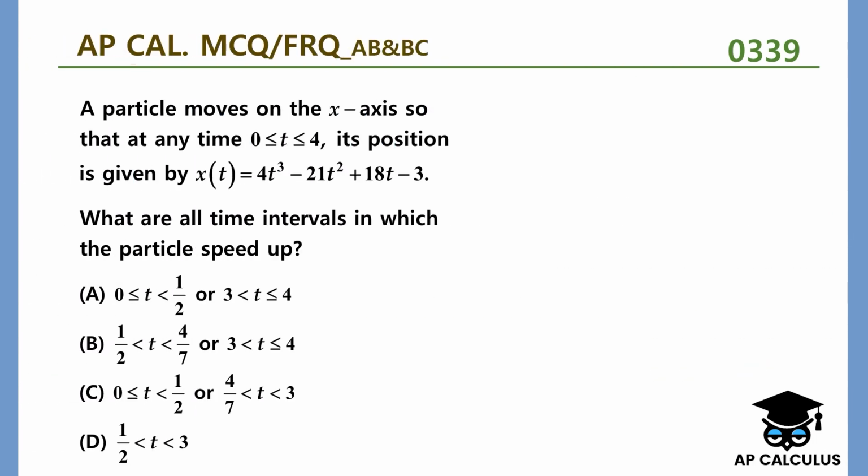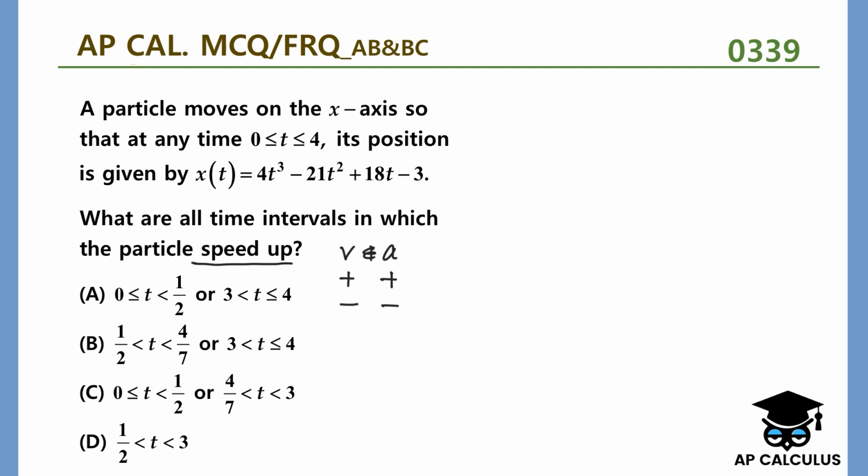Question 339. What are all time intervals in which the particle speeds up? Remember, the particle speeds up when the velocity and acceleration have the same signs, right? Either positive, positive, or negative, negative.